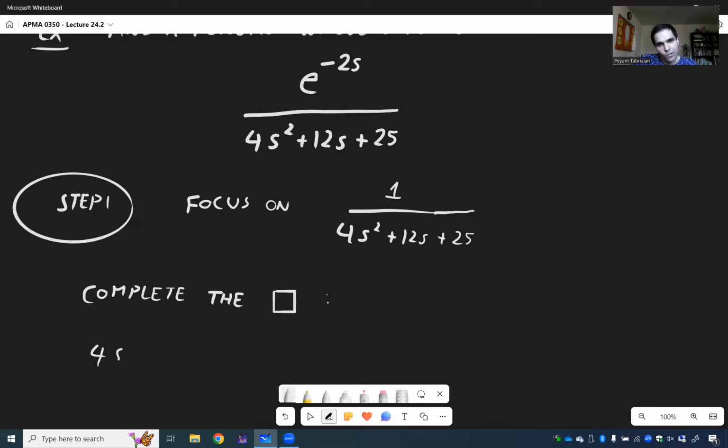So 4s squared plus 12s plus 25. Again, let's first factor out the 4. So 4 times s squared plus 3s plus 25 fourths. I know, scary fractions.